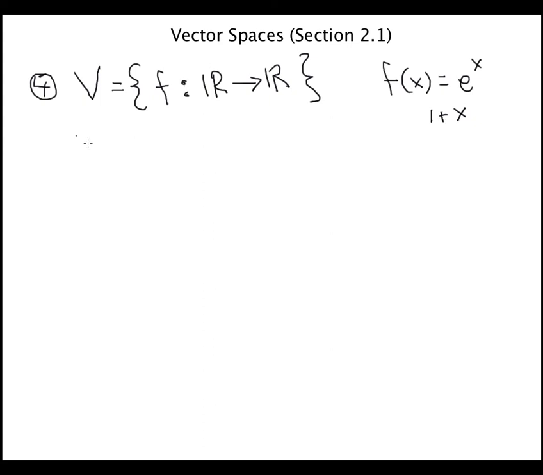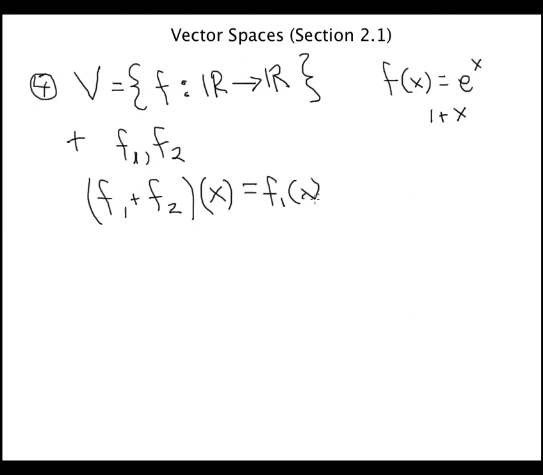I have to tell you how to add functions. So suppose you have two functions, f1 and f2. What do I mean by f1 plus f2? This is supposed to be a new function. And it is, and what function is it? It's the function that takes the value at the real number x, f1 of x plus f2 of x.